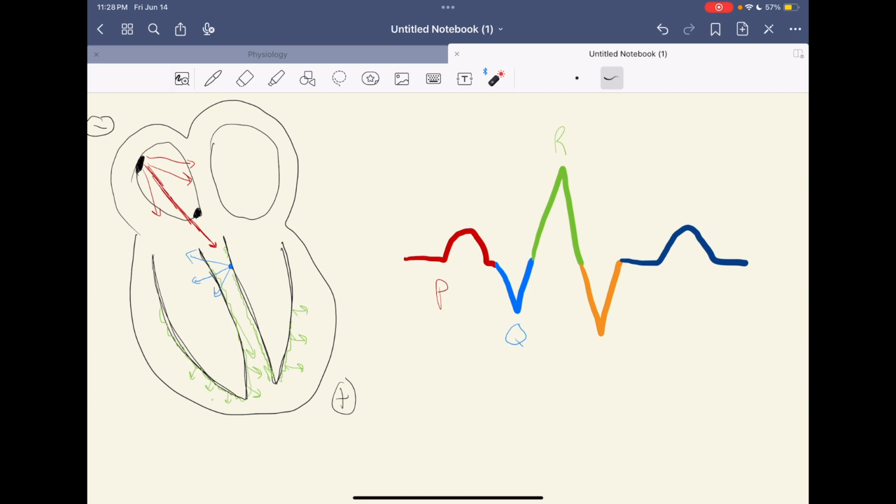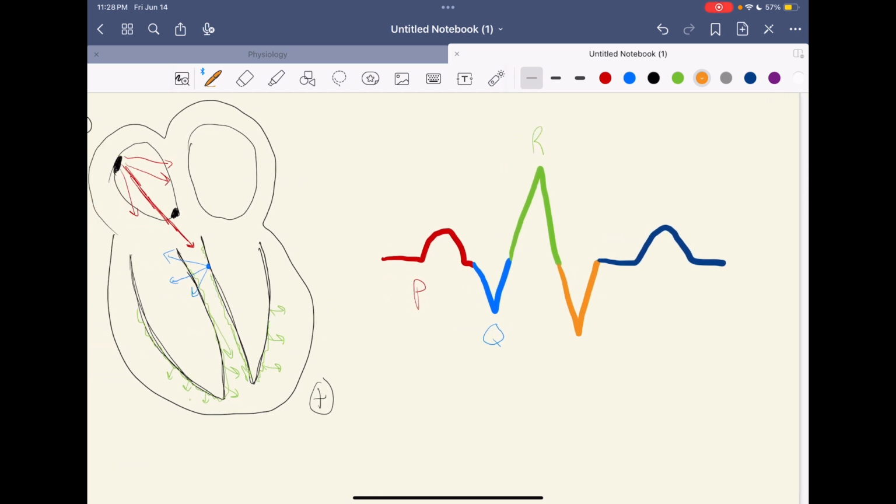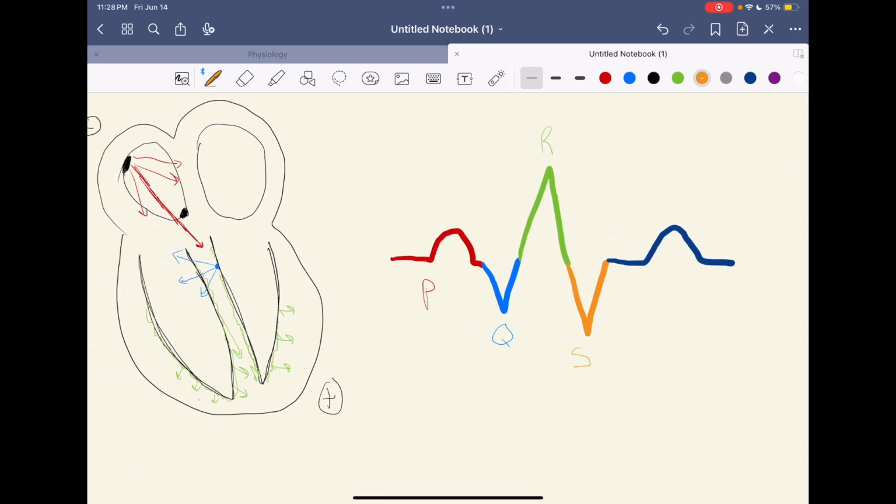And then finally, this S wave here in orange is the final depolarization of the ventricle. The last place that it will depolarize is here on the left superior ventricular wall, right there.